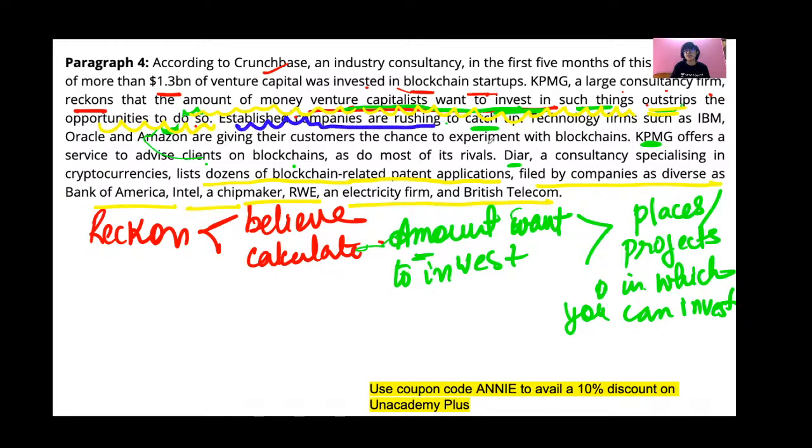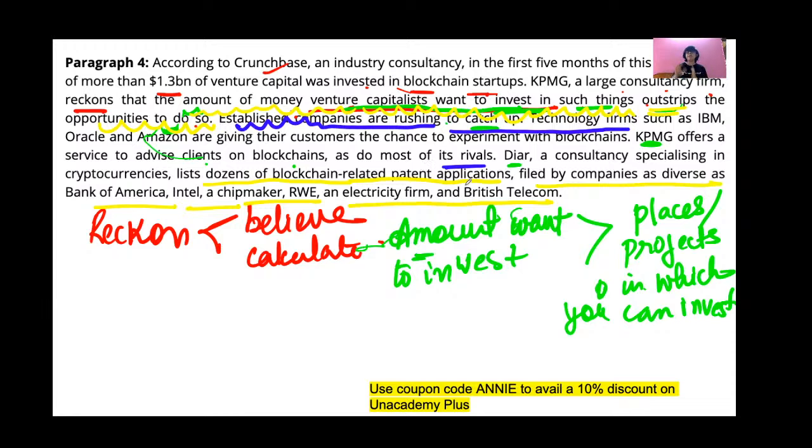Established companies are rushing to catch up, which means they are rushing to invest in blockchain. Companies such as IBM, Oracle, and Amazon are established companies, and they are also asking their customers to experiment with blockchain. KPMG is a consultancy company, and it is also advising its clients on blockchain, and its rivals are also advising on blockchain.